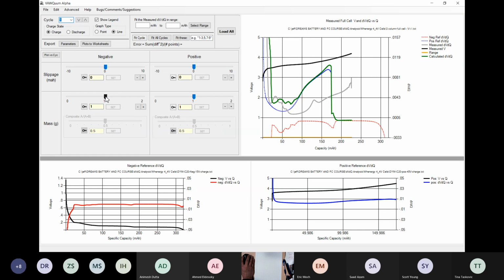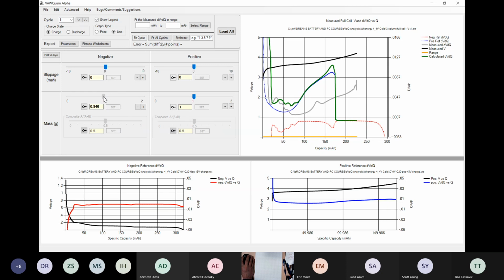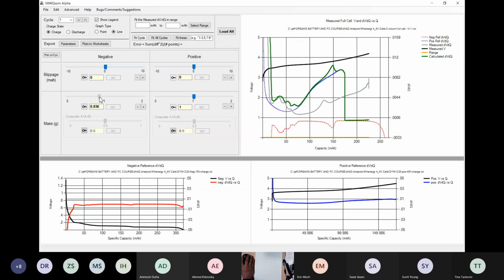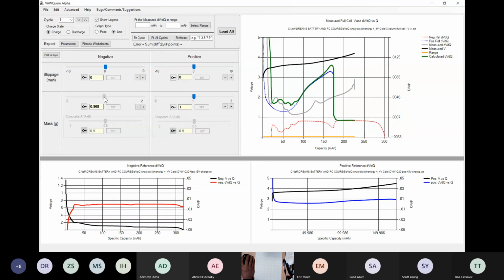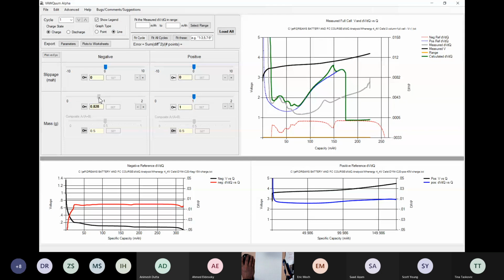Okay, so we have slider bars that allow us to adjust things. So I'm adjusting the negative mass. I'm making it a little smaller. And why am I doing that? See this feature in the measured DVDQ? That's going to come from the negative electrode.